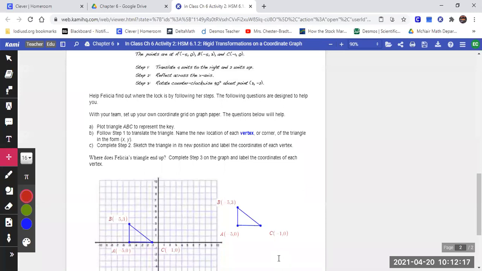Because translate is slide. Does that change what direction the triangle is facing?